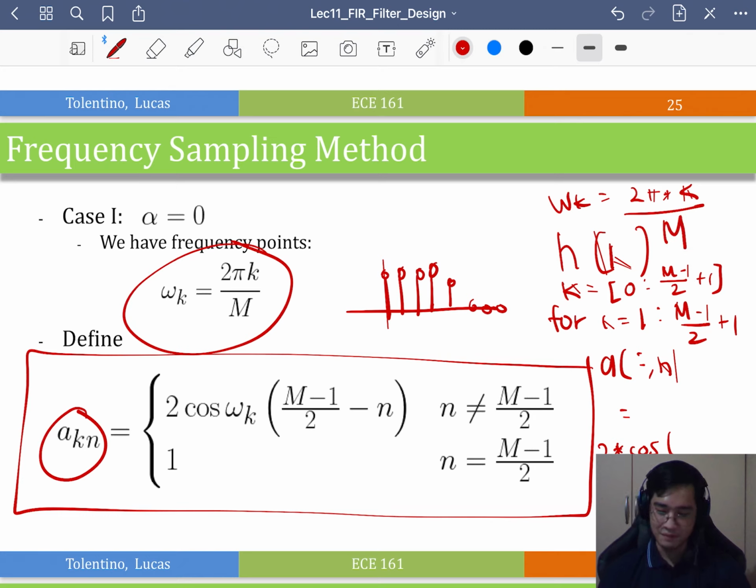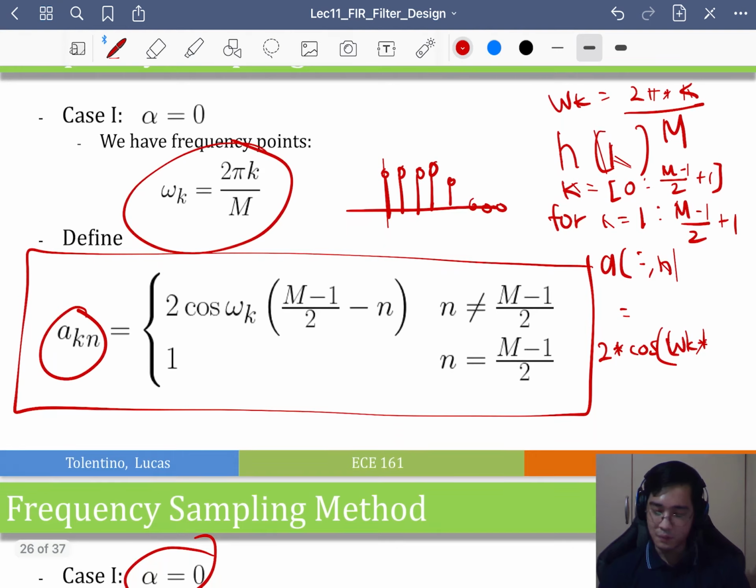Capital M is 15, right? So 2 cosine, with omega k times this value. Okay, so basically for loop, this is a vector of length capital K, because we have k points here.